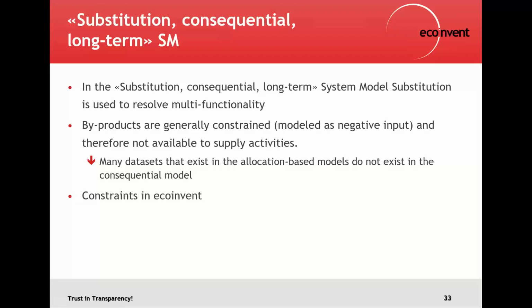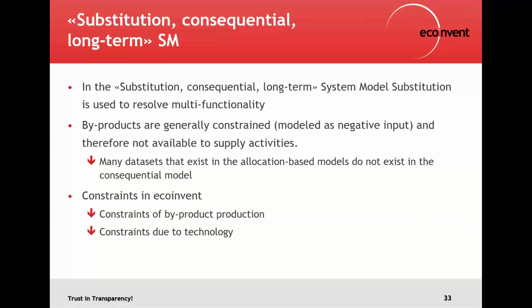So there are two types of constraints that will be used to determine marginal suppliers. First is the constraint of byproducts. As I was saying, byproducts are always constrained. And the other one is constraints due to technology.